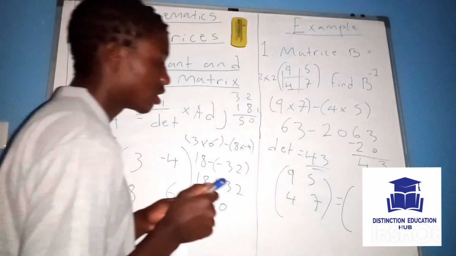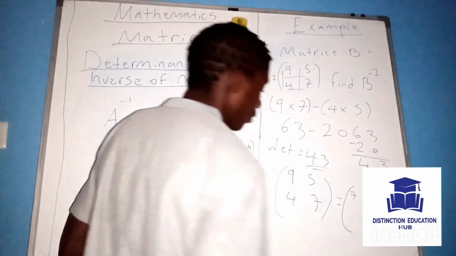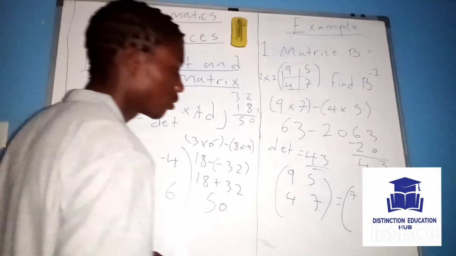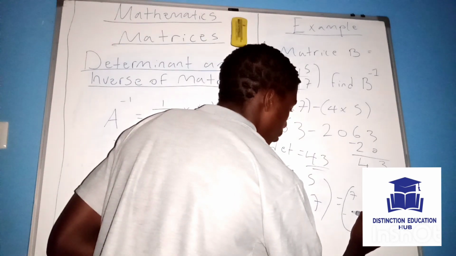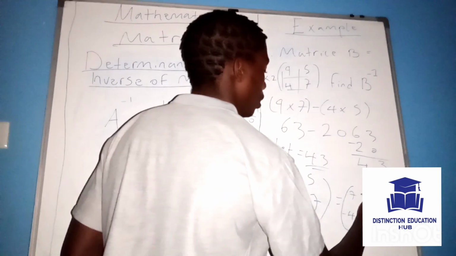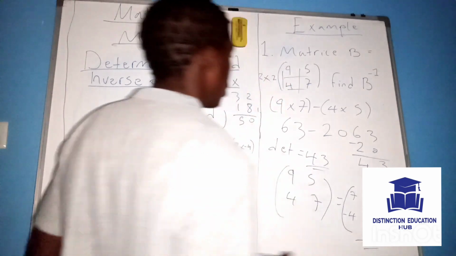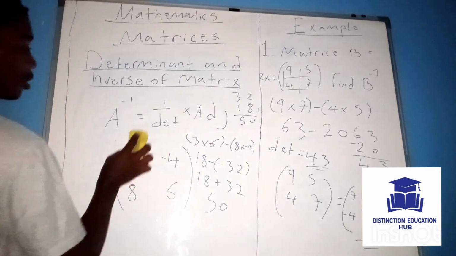This is what I mean. This 7 will come here, and the 9 will come here. This positive 4 will become negative, and this positive 5 will become negative, and you've gotten your adjoint. So that's how you get your adjoint.